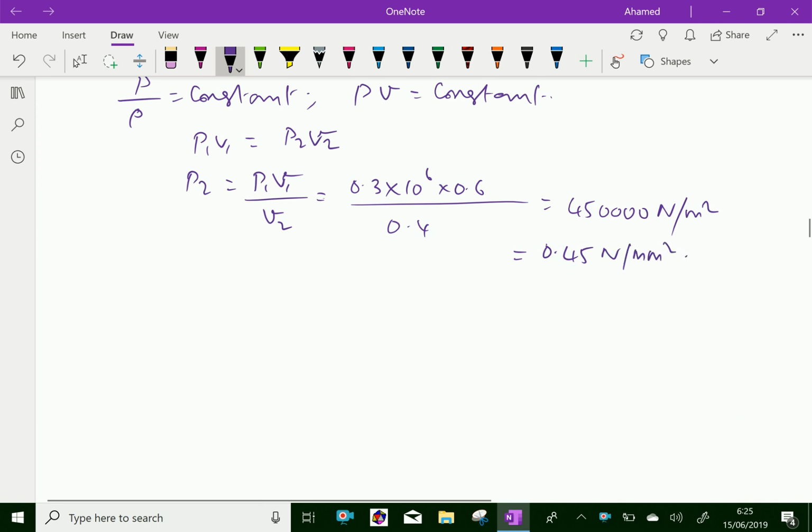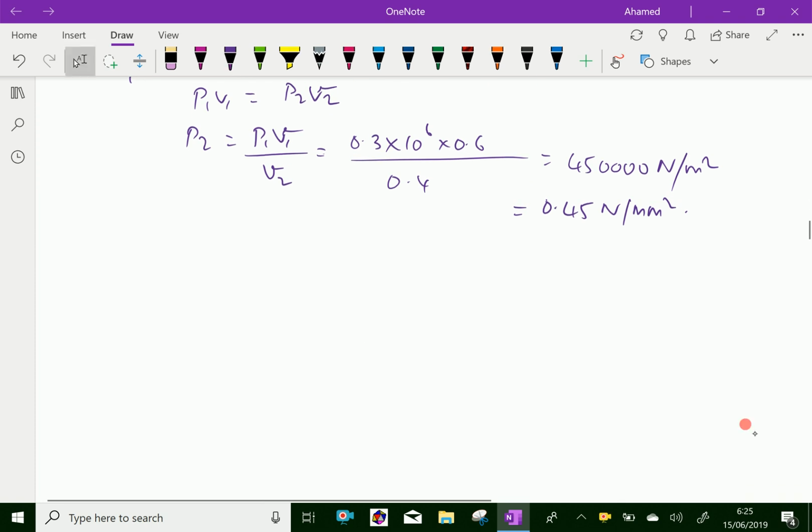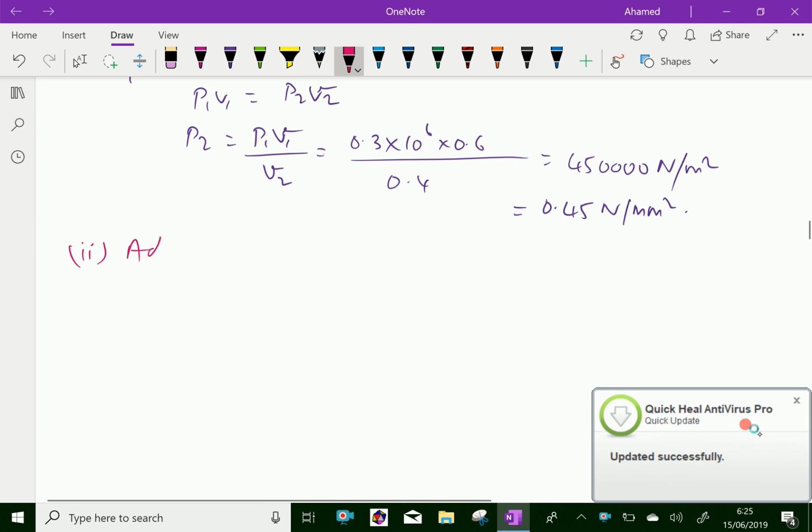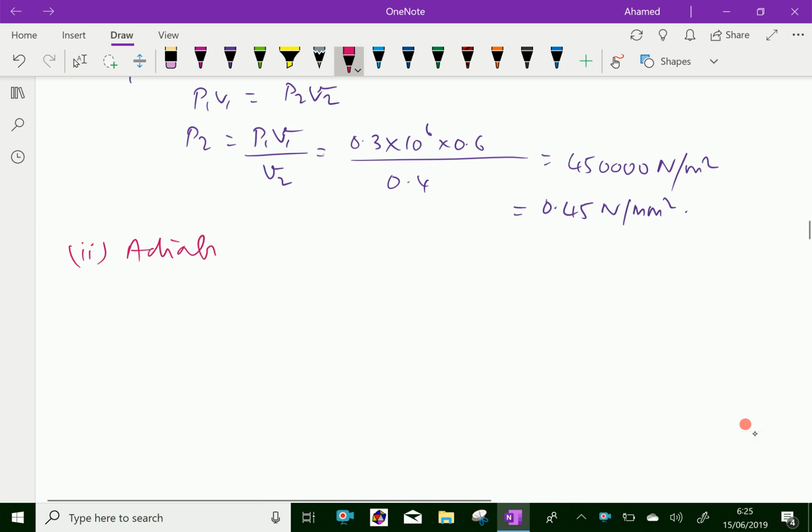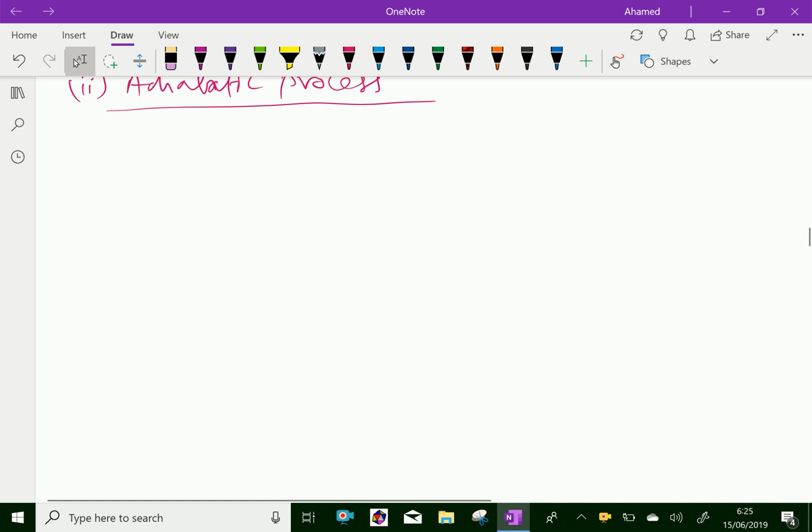Now, let us consider the second part, adiabatic process. In adiabatic process, we have the relation P over rho power K equal to constant.